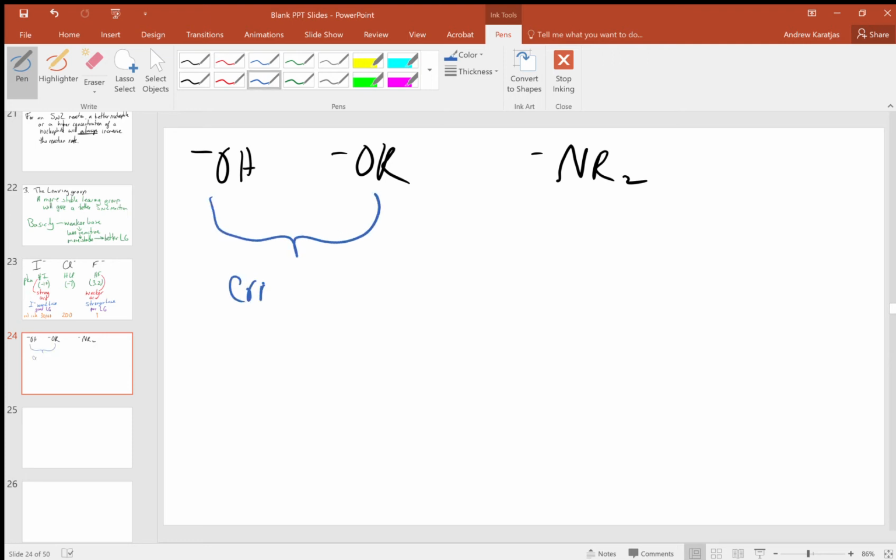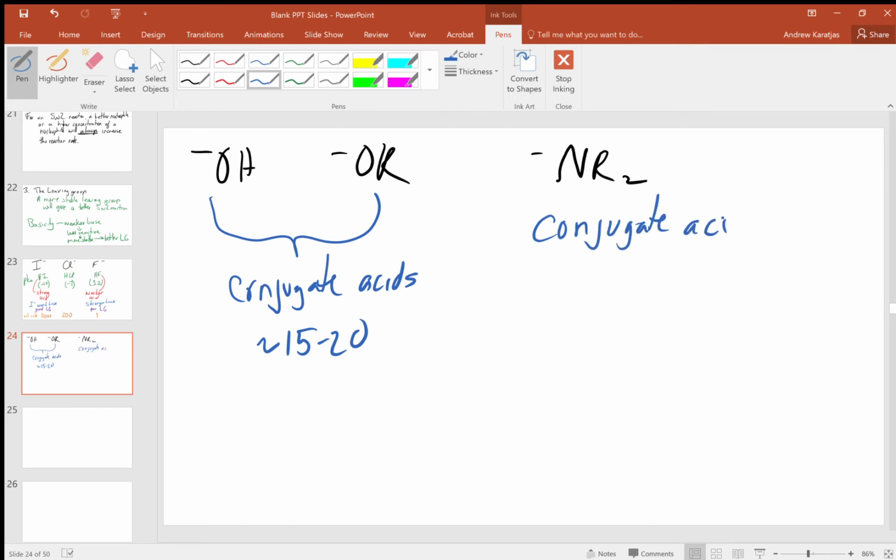Their conjugate acids are around 15 to 20. Whereas NR2 minus, its conjugate acid, depending on what the R groups are, could be in the range of 30 to 35. So both of these are strong bases, the oxygen anions as well as the nitrogen anion.